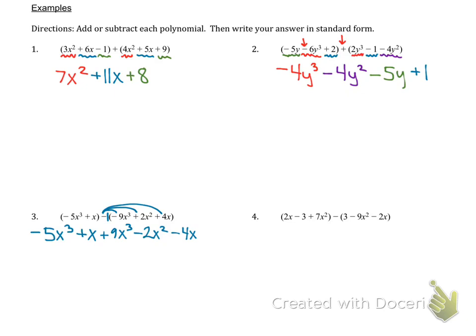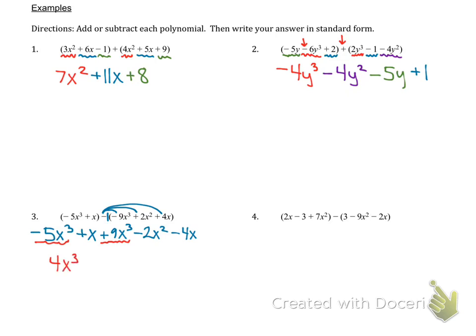Now I'm going to combine like terms like I normally do. I'm going to start with the biggest degree, which I know is the x cubed. So negative 5x cubed plus 9x cubed is 4x cubed.